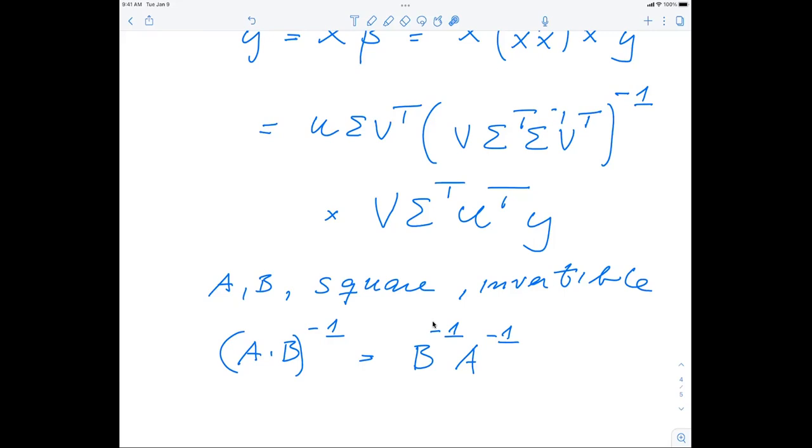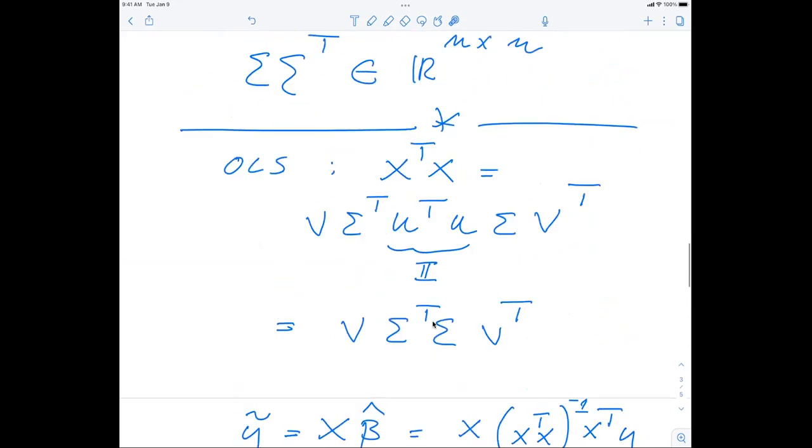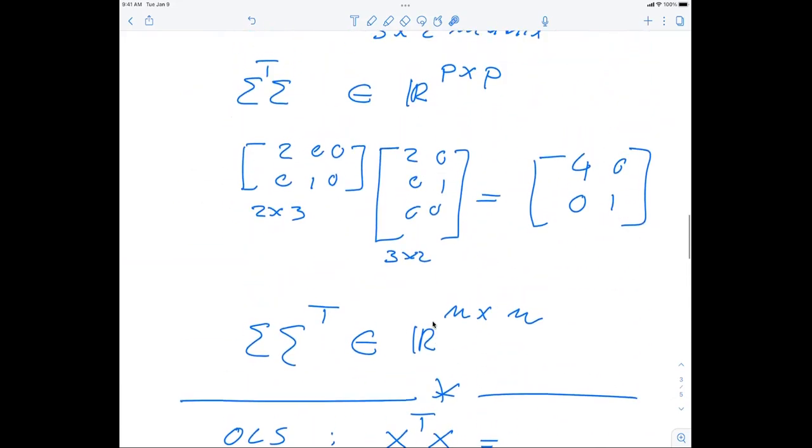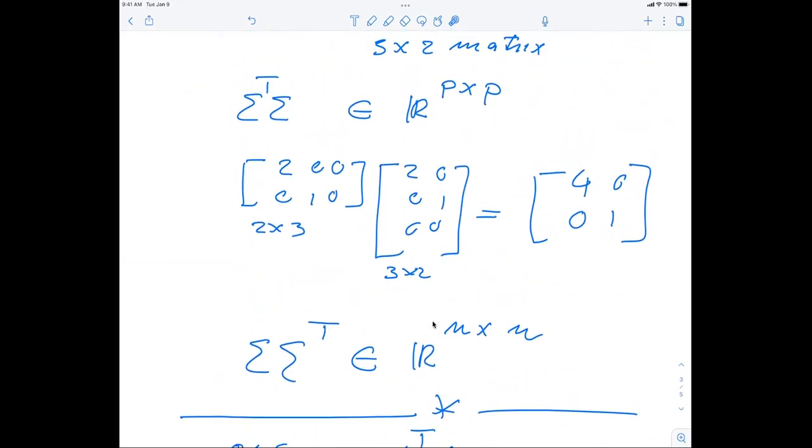If you go back to the definitions, this example with Sigma transpose times Sigma is a matrix which contains only the singular values, and they are larger than 0. So if you look at this matrix, what is your feeling? Can I invert that one? Yeah, everybody agrees with that.